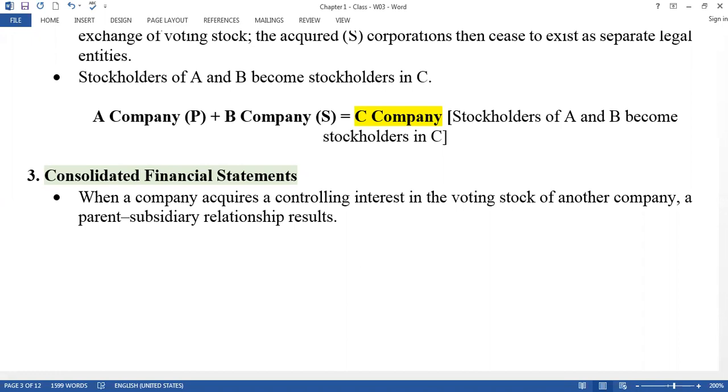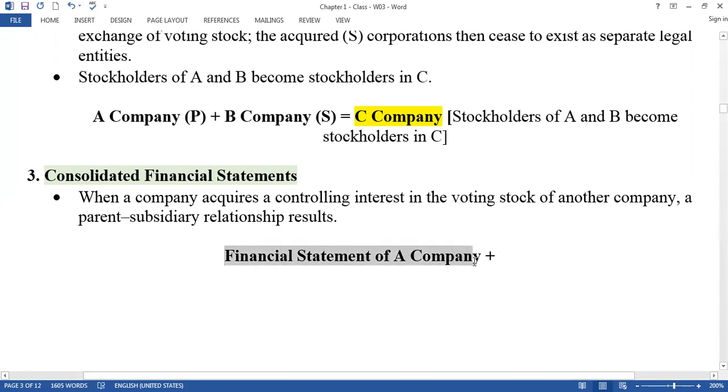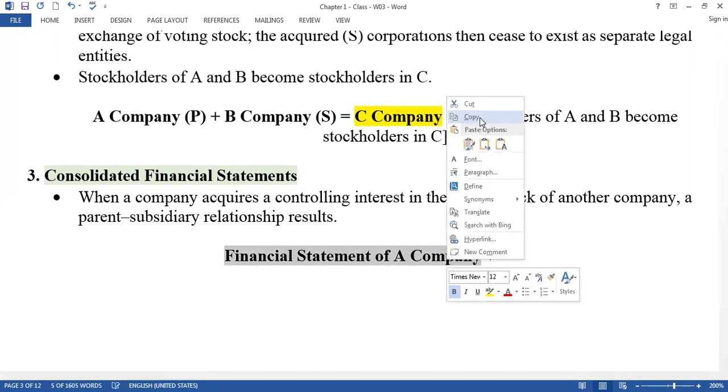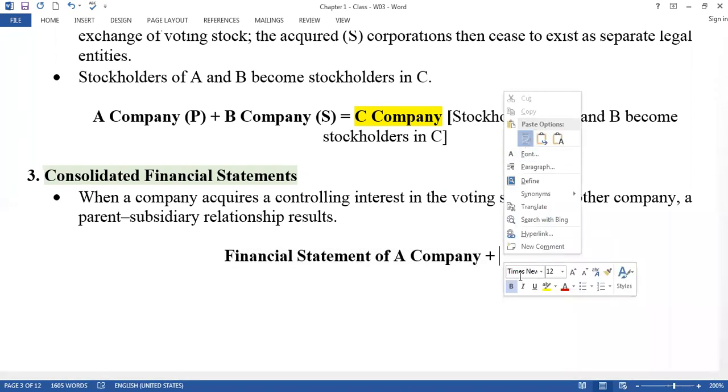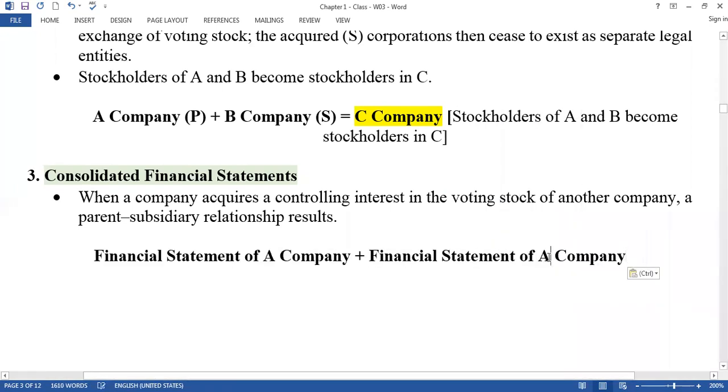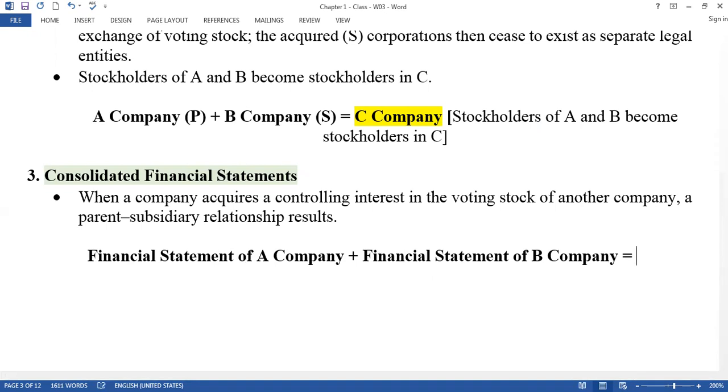The financial statement of A company is going to merge with the financial statement of B company, and what we prepare is called the consolidated financial statement.